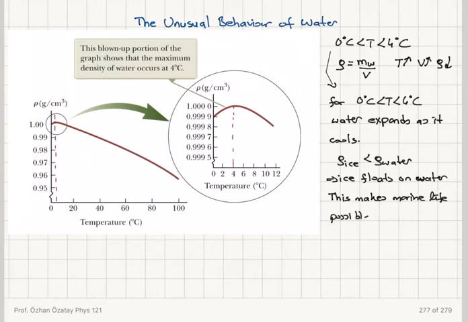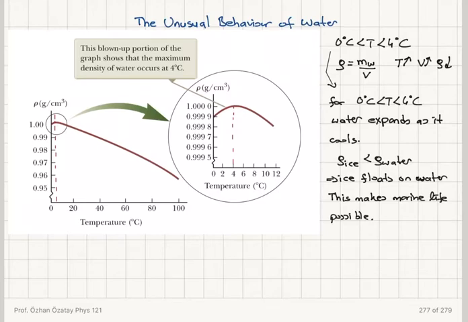So if you think about the Arctic Ocean, the surface of the sea is filled with ice, but underneath it, because the ice doesn't sink, this allows the marine life to develop under the water.